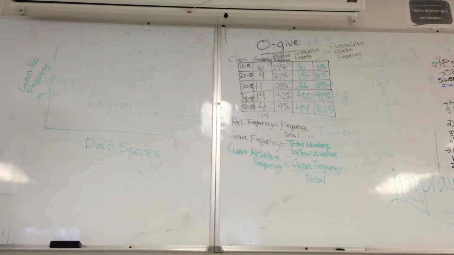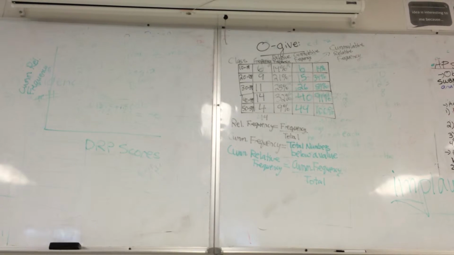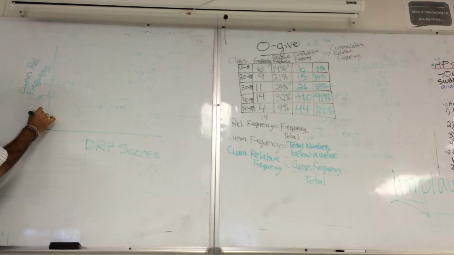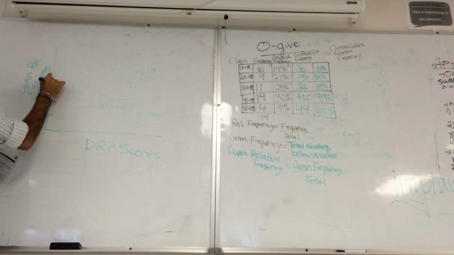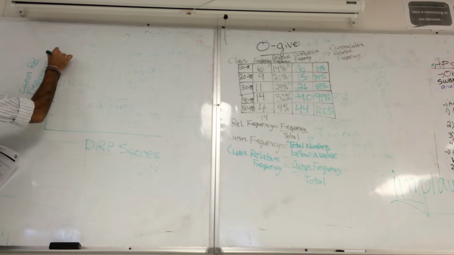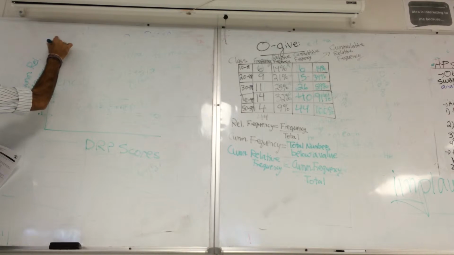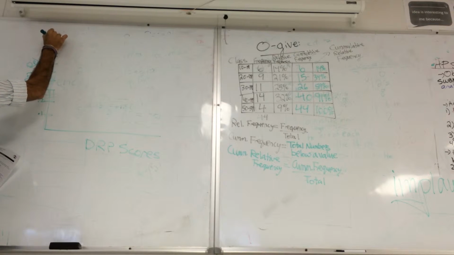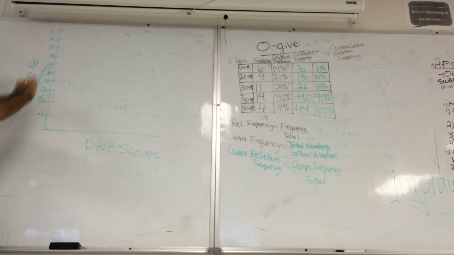Now, on this axis, we measure it like 0.1, 0.2, 0.3, 0.4, 0.5, 0.6, 0.7, 0.8, 0.9, and then 1, or 100% of the data.